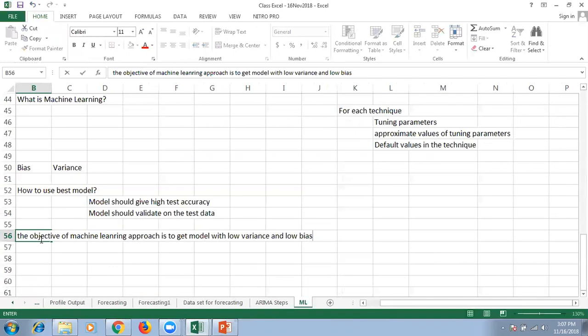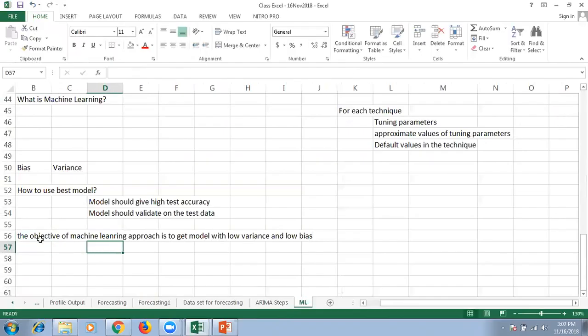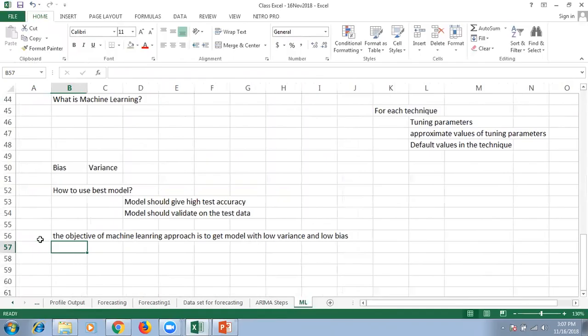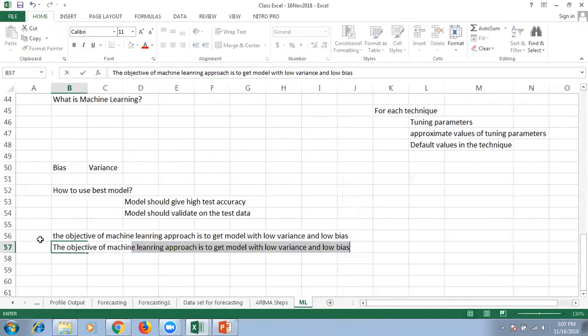Completely low bias and completely low variance is not possible, so that's the place we need to take a trade-off. So indirectly, the objective of the machine learning approach is to get a model without overfitting and underfitting.